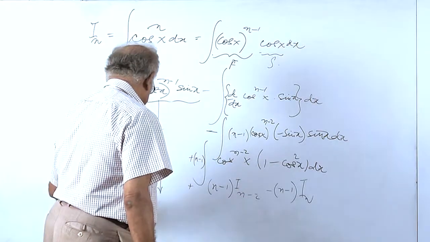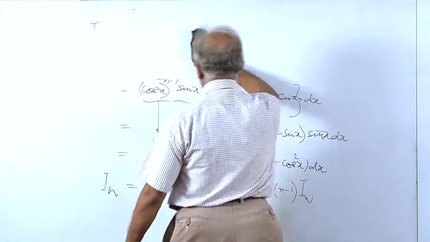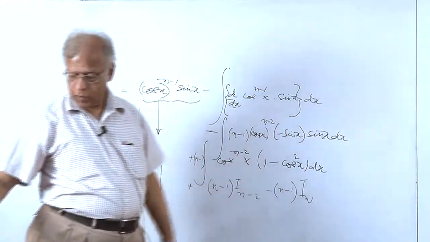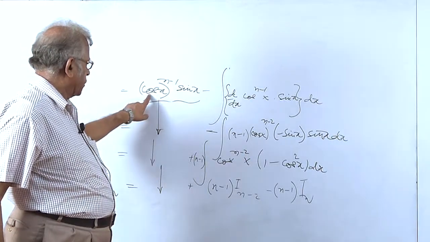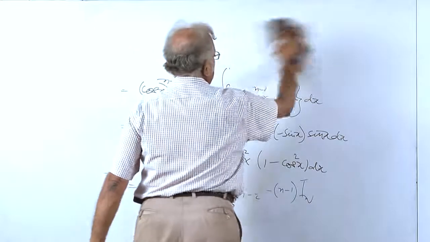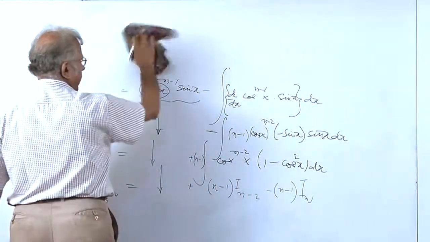We will just retain this and rub out whatever we have on top, keeping in mind that the term that has been dropping down from top is nothing but cos x to the power of n minus 1 into sin x. So we write that down and then rub out what is appearing later.